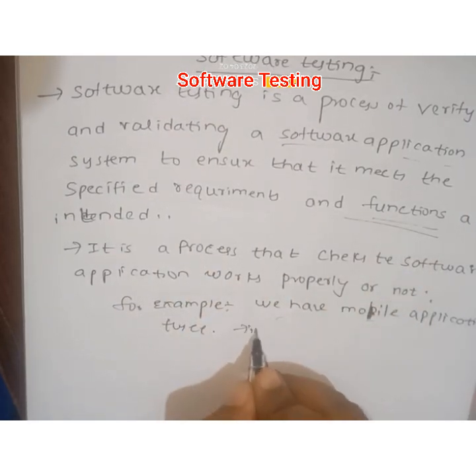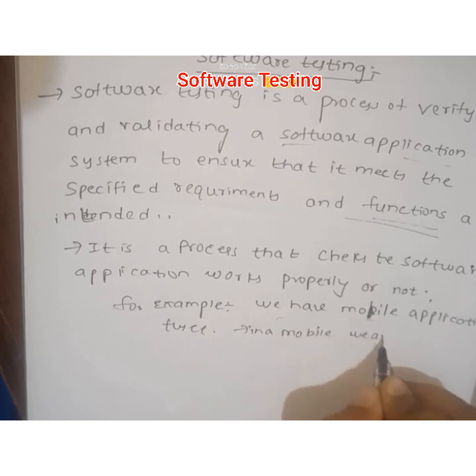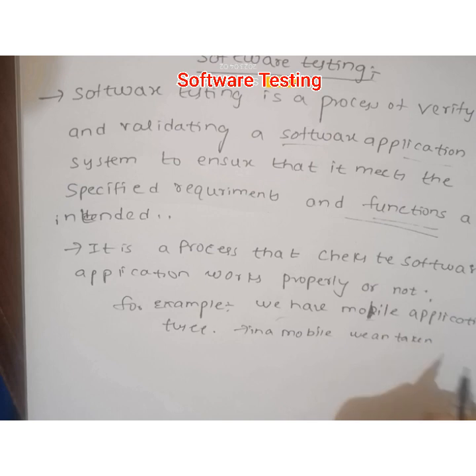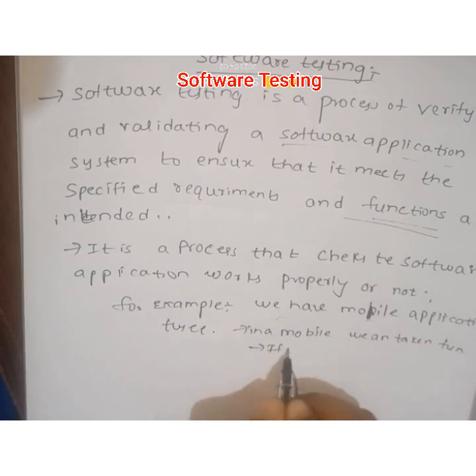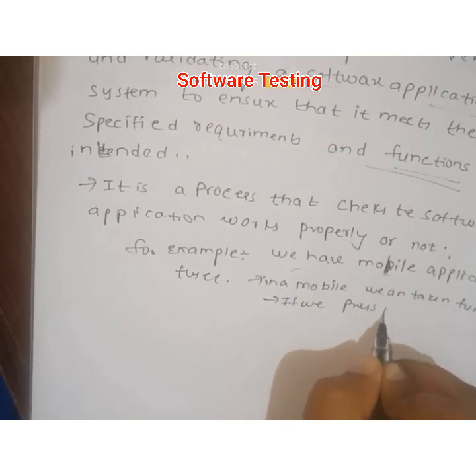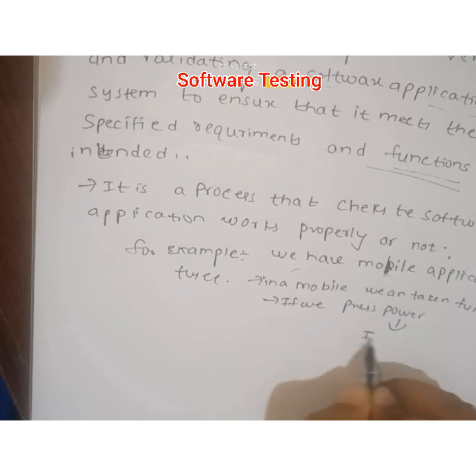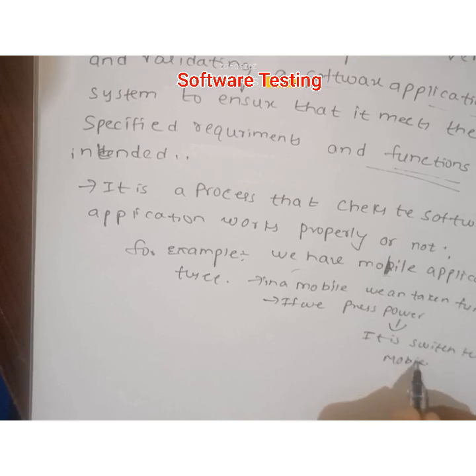Suppose in a mobile we have taken functions like, if we press the power button, it should switch off the mobile, but it is not switching off the mobile.